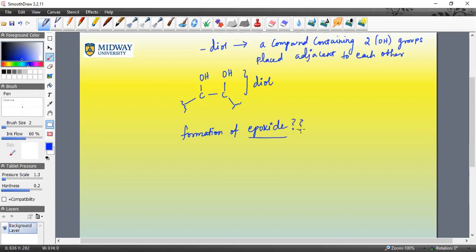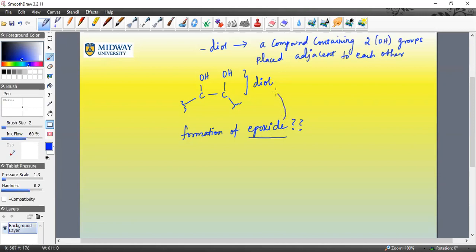Again, some of these terms may be very unfamiliar to you, which is why I'm taking one step at a time, giving you the material slowly, rather than giving it all at once and leaving you clueless. If your goal is a diol, then you must go through an epoxide to get to a diol.